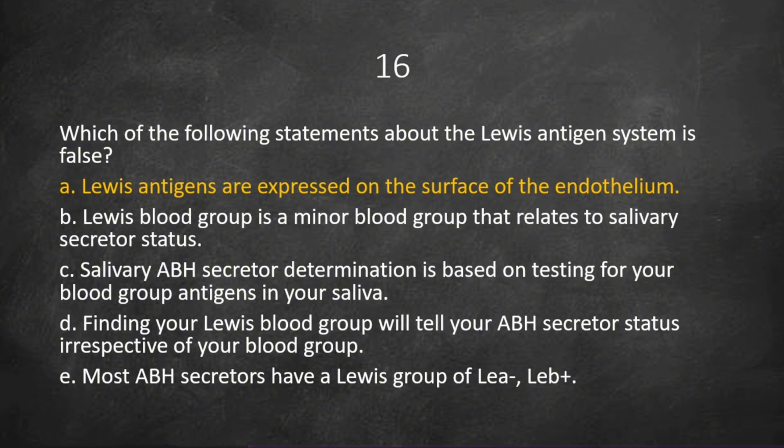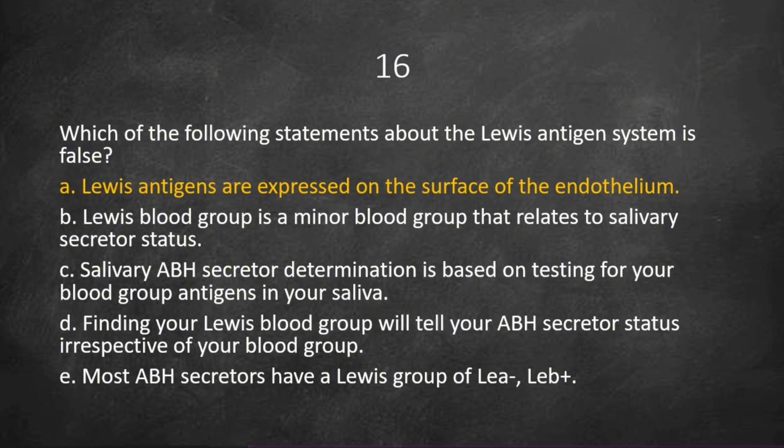If you look at option B, it says that the Lewis blood group is a minor blood group that relates to salivary secretory status. So this is very true. The Lewis blood group system is indeed a minor blood group, and its expression is influenced by the secretor status. That is, whether or not a person secretes the ABH antigen in body fluids.